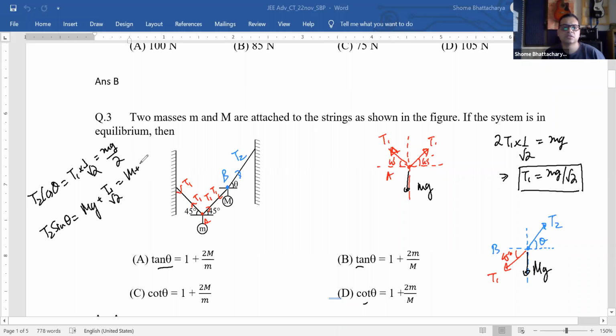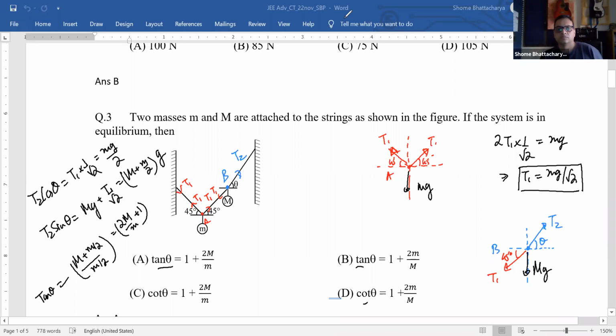So capital M plus small m by 2 into g. So now you take the ratio of these two. So you can see that tan theta will become this divided by this. So capital M plus small m by 2 divided by small m by 2. So that is your tan theta. Okay, so Yojit and Ranak, is the third one clear?